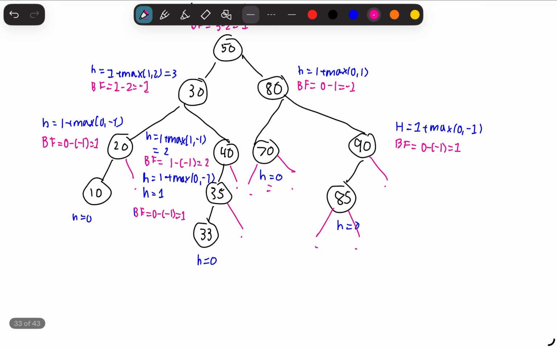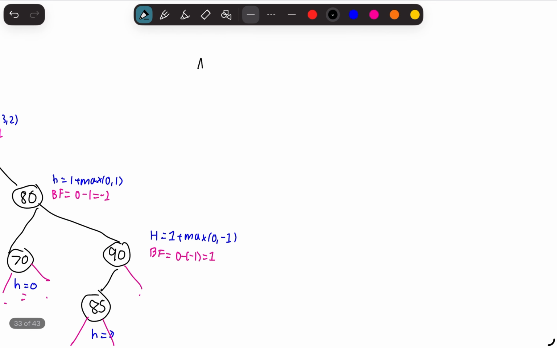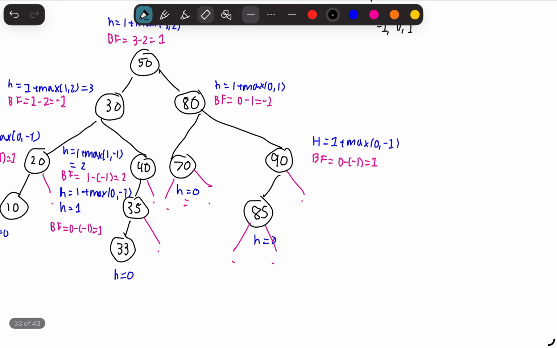what it means when you have an AVL tree is your balance factor has to have an absolute value that is less than or equal to 1. So that means it can be 0, 1, or -1, but nothing outside of this.